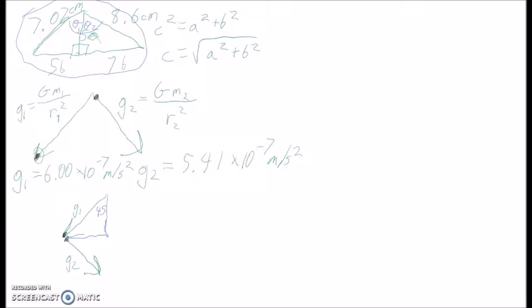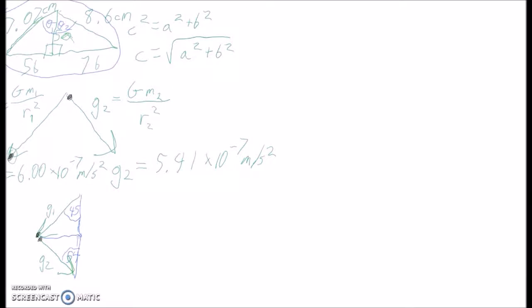We want to find theta 2, which is going to be opposite over adjacent. So it's going to be tan to the negative 1 of 7 divided by 5, which should be 54.